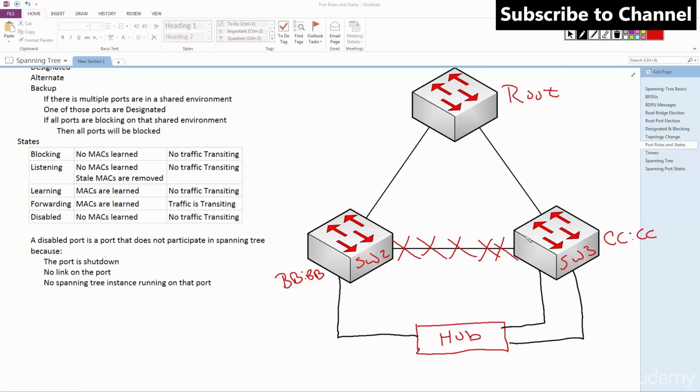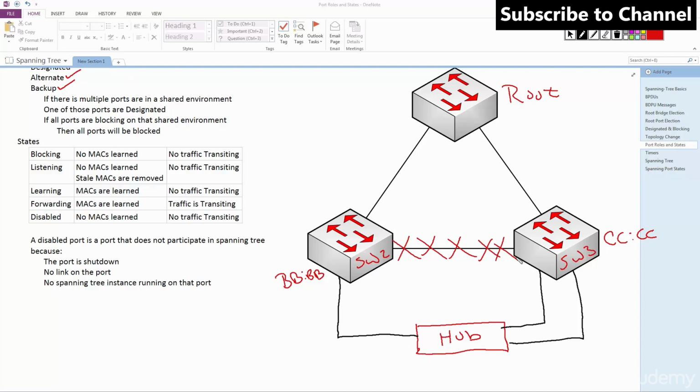What we have here now is two switch ports coming into a shared environment. So one of them is going to be either designated or blocking. Now, it's not going to be blocking because blocking is our state. So the choices that we have for our roles, for our blocking states, our roles will be alternate or backup.